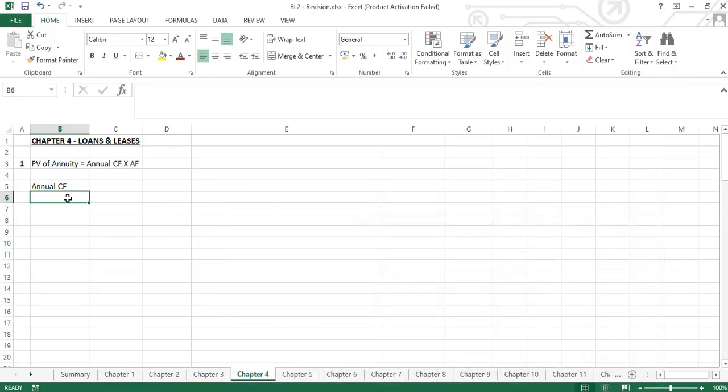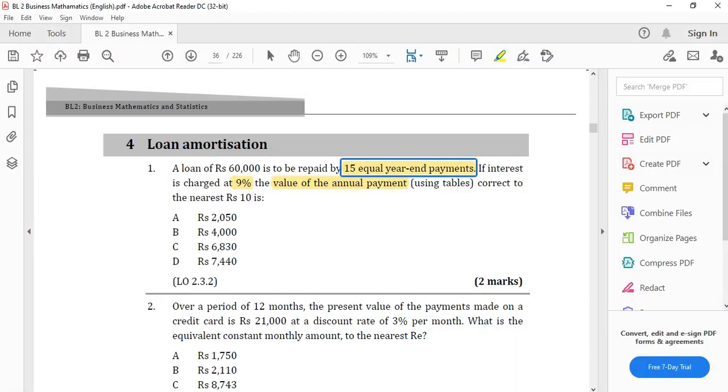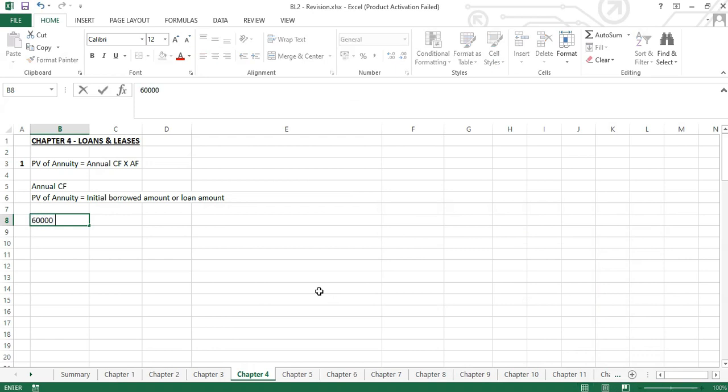And 60,000 is the present value of the annuity because I have told you all during lectures that for annuities in a loan or lease, the present value of them is always the initial borrowed amount or the loan amount because of the time value of money theory. So accordingly, we can substitute the loan value of 60,000 into the formula, and the annual cash flow is what we need to find.